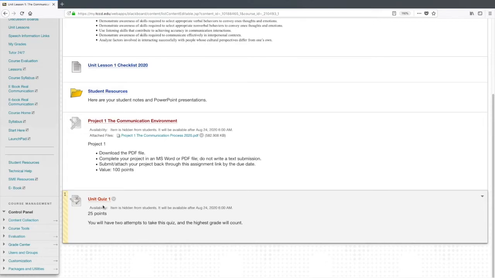And it's only in one setting, so make sure that once you start the quiz, you finish that quiz in that setting. And if you did not make 100% on the quiz and you want to take it again, you have that option to do so. You get 2 attempts and I record the highest grade.